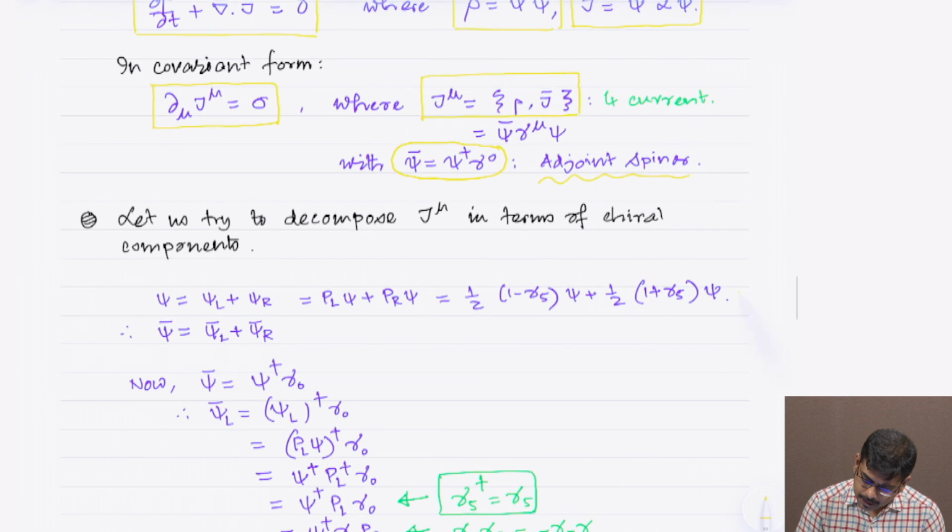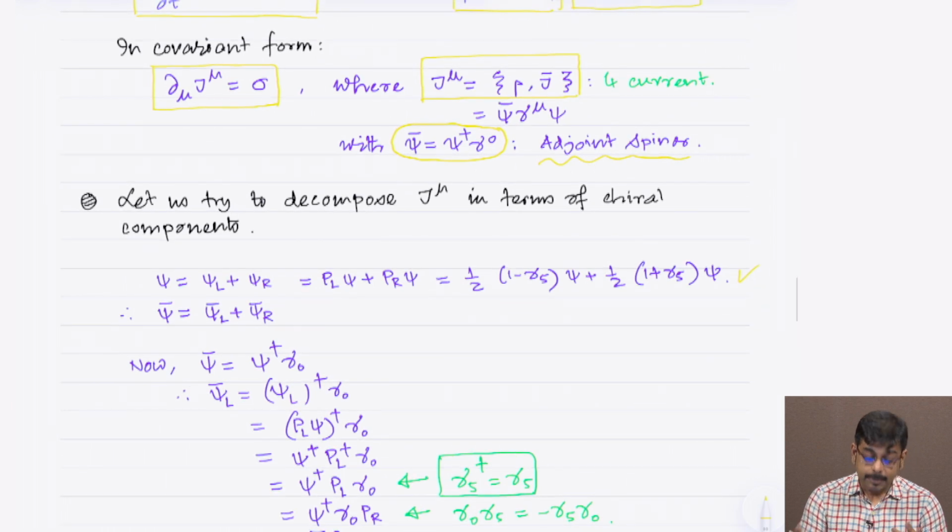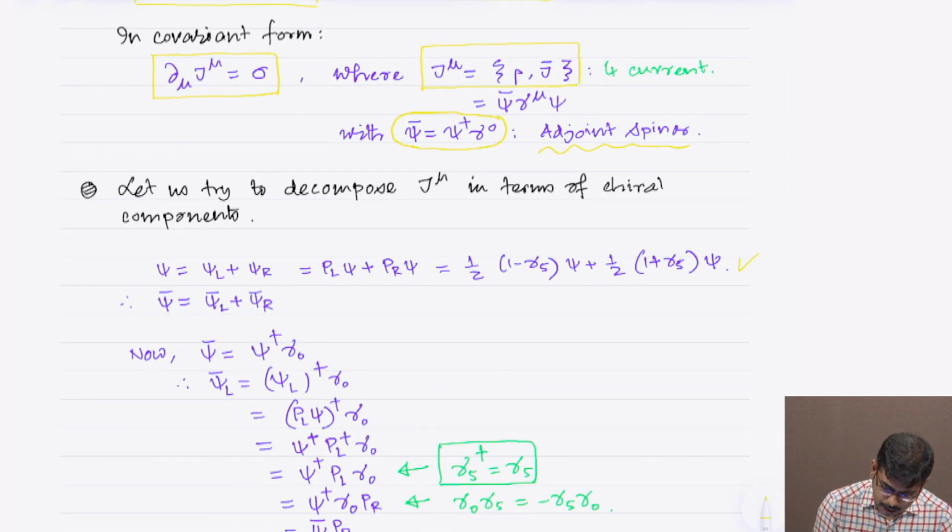So, this is something that we have already shown. Similarly, the adjoint spinor psi bar can also be written as psi L bar plus psi R bar. Now, what is psi L bar and what is psi R bar? That is the question, because psi L and psi R we have written, but psi L bar and psi R bar we have not written explicitly.